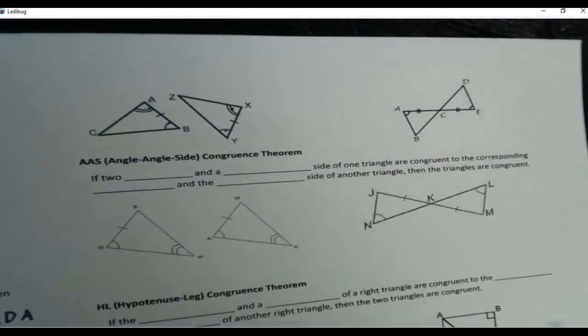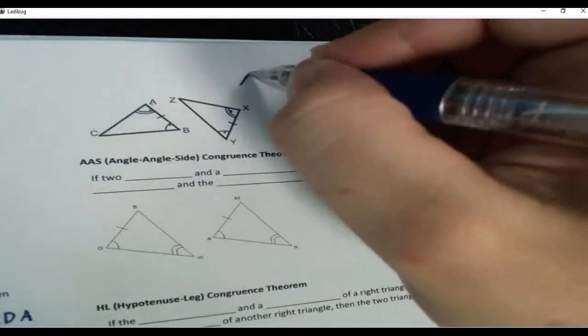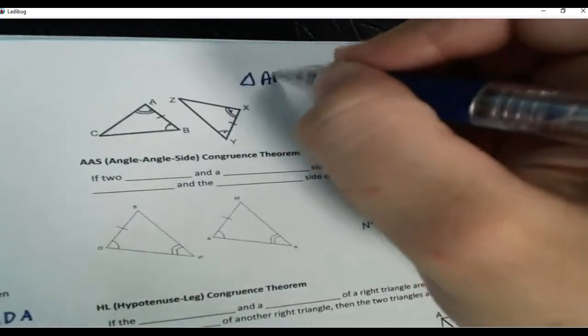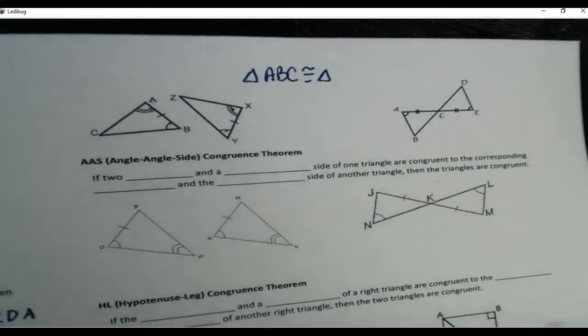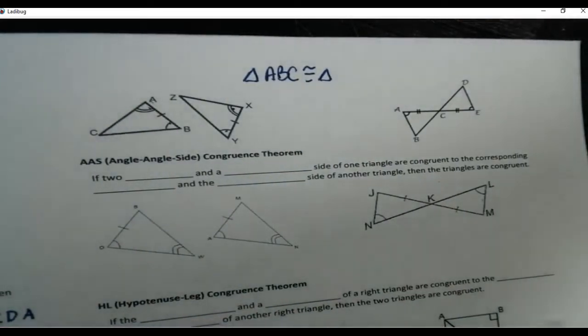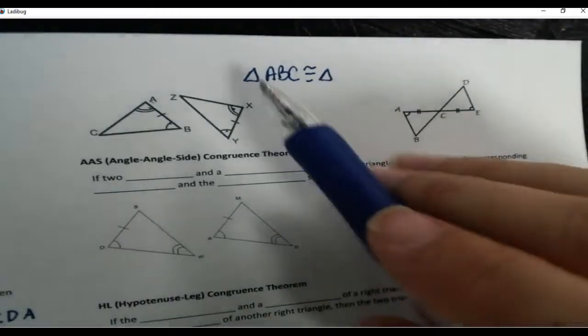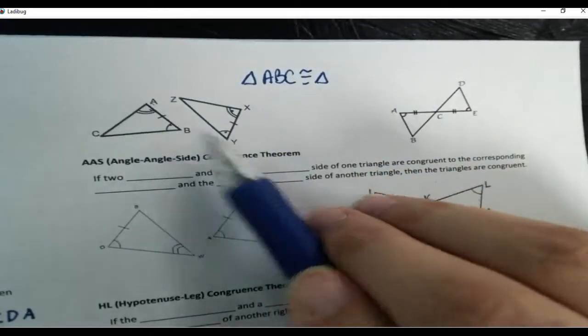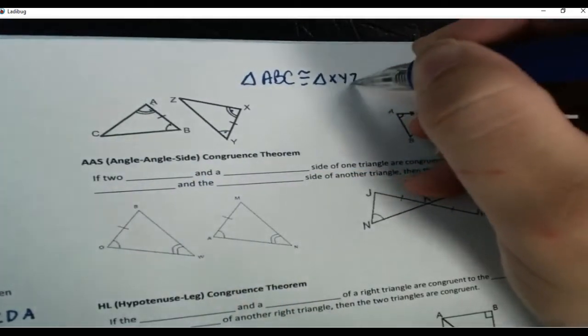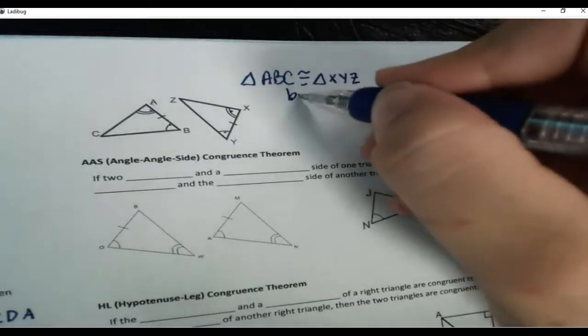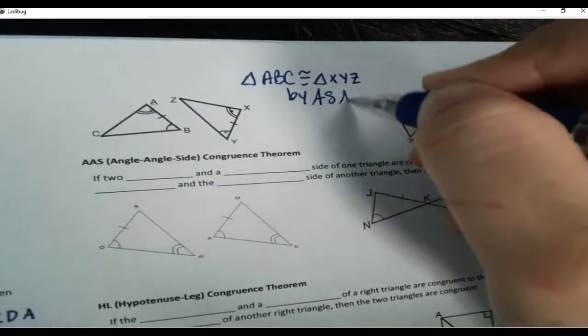Okay. So then if we write it, triangle ABC is congruent to triangle XYZ. Good. So A matches X, B matches Y, C matches Z. And again we can say by angle, side, angle.